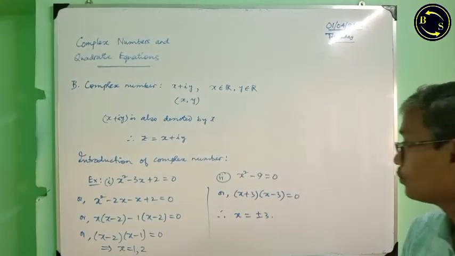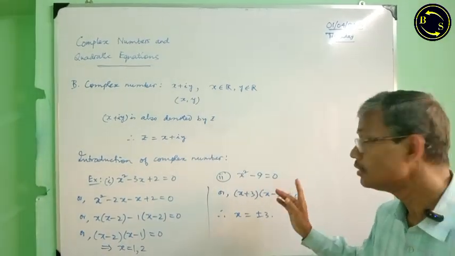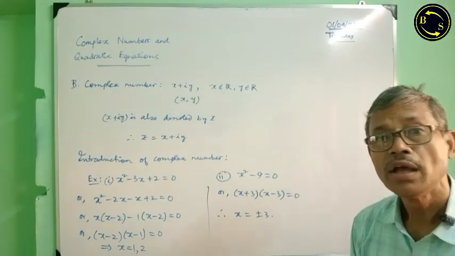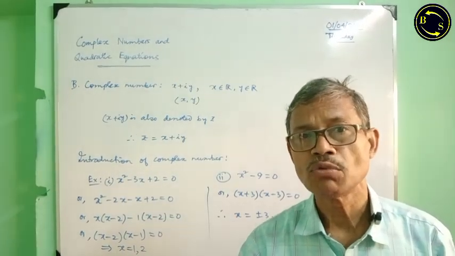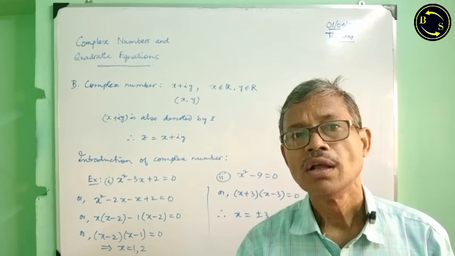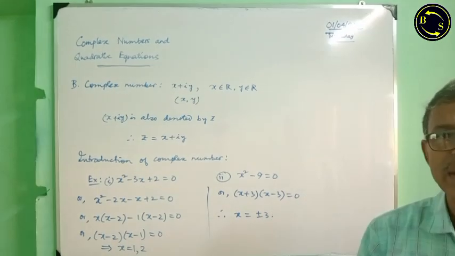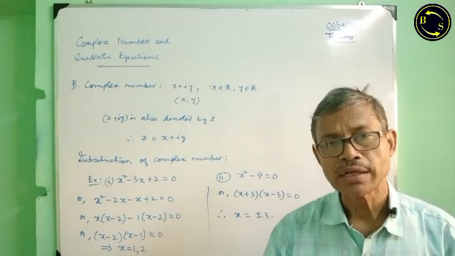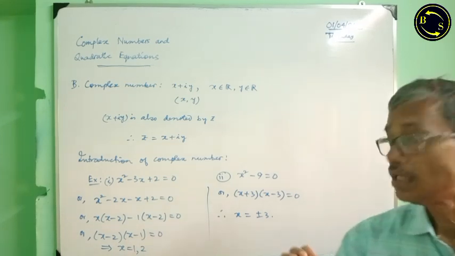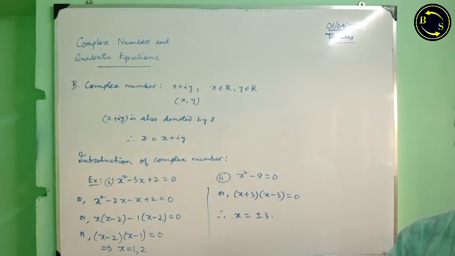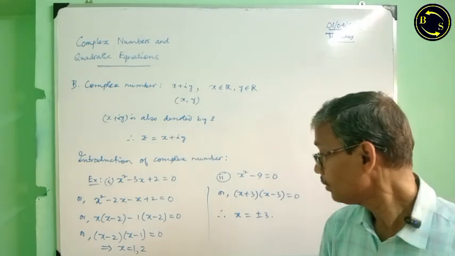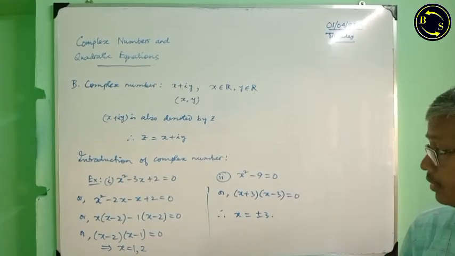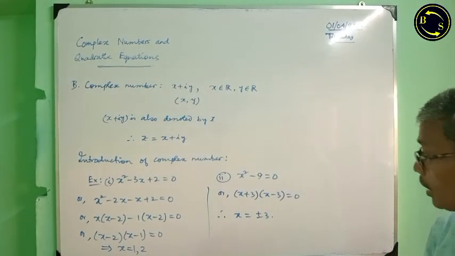I suggest to students: if you get an equation of the form x square minus p square equal to 0, then the next step will be x square equal to p square. From that we suggest to write the direct values x equal to plus minus p. Detailed steps you can show.